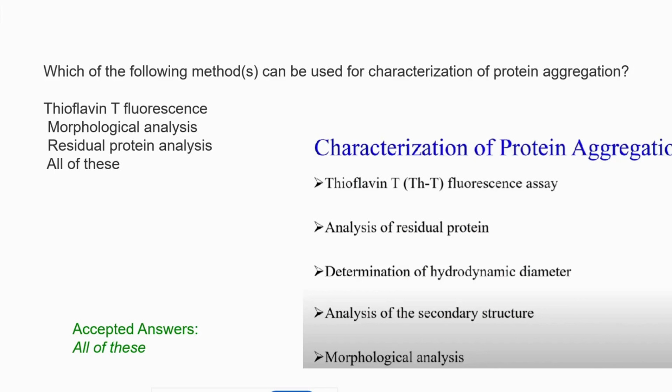In microscopy, you'll basically get to know the changes in the protein structures, which constitutes the morphological analysis. So here the correct answer would be all of these.